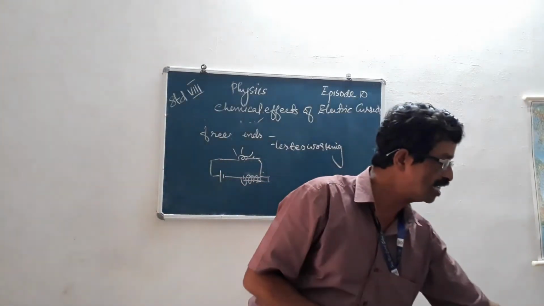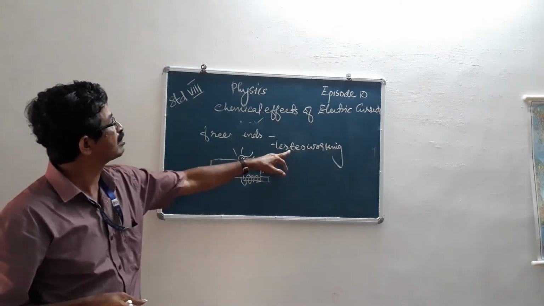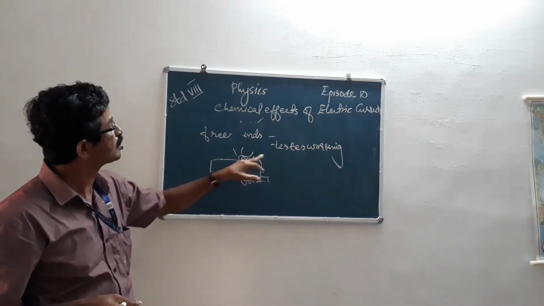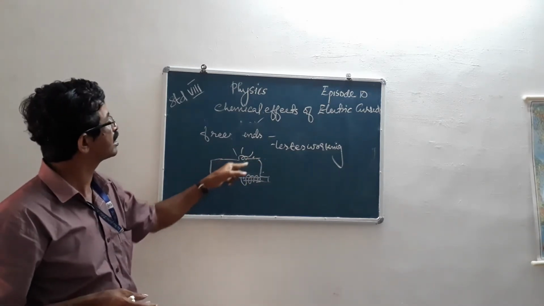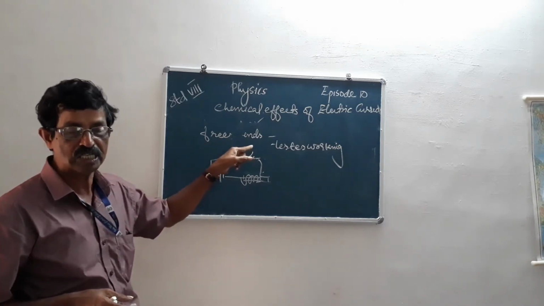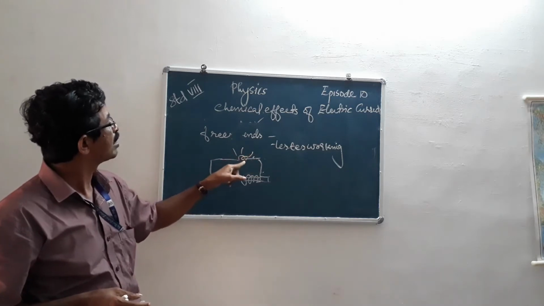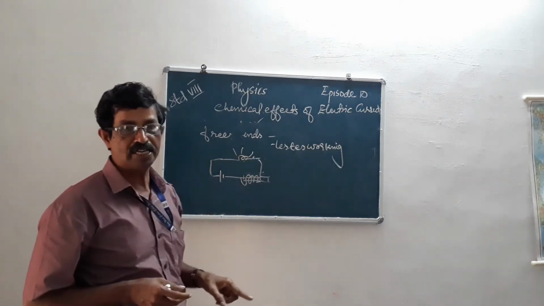But you made another type of tester, and if the tester is working, then the bulb will glow. Suppose when you check, the bulb is not glowing, that means your tester is not working, and you can find the reason.